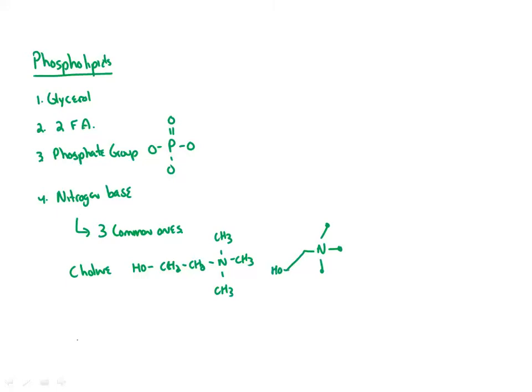Then we have serine, and that is HOCH2CH-COO-NH3. And usually this has a positive charge and a minus charge. I guess let's draw them like we should to start with, and we'll show you why that happens.